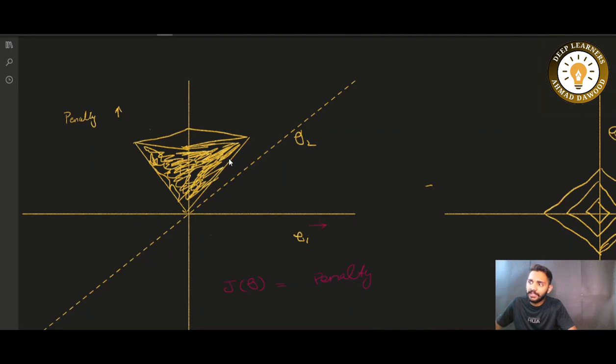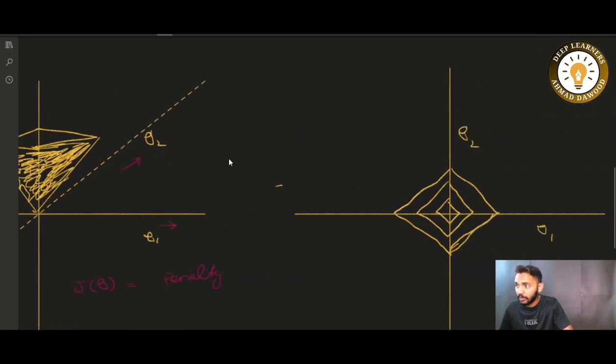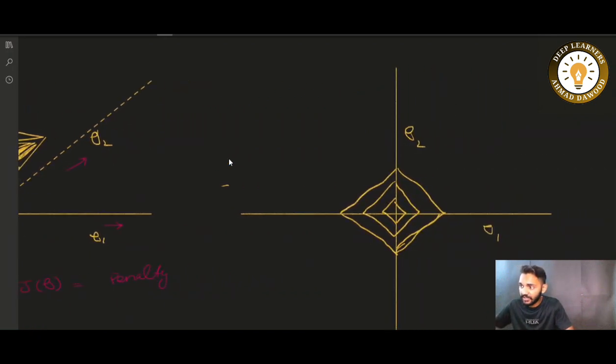Theta 1 is growing in this direction, theta 2 is growing in this direction, and the penalty is growing along the z-axis. If I see this plot from the z-axis, it will look like diamonds.